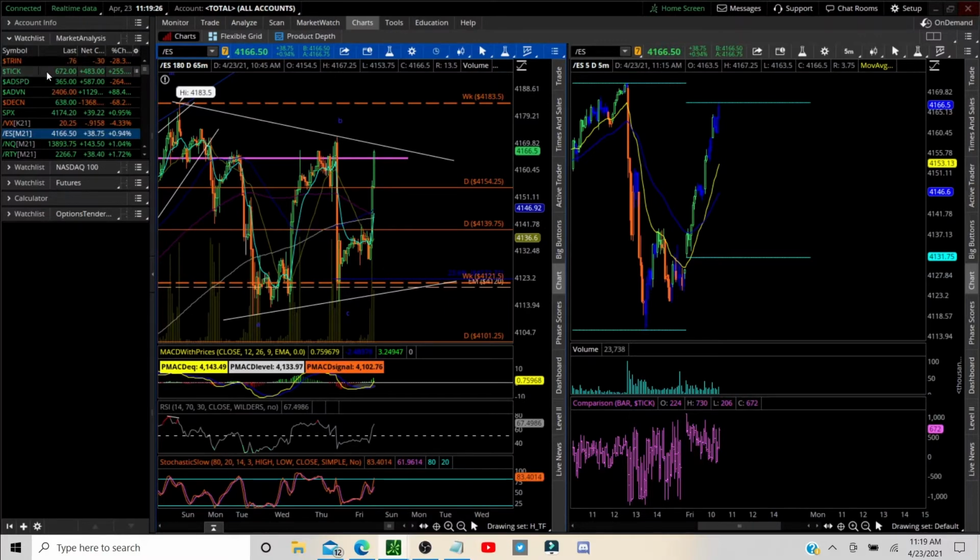The tick is sort of the same, but it does not include volume. With the tick, anything positive is bullish, all the way up to 1,000, and then same thing, the opposite is bearish when it's negative, down to 1,000.